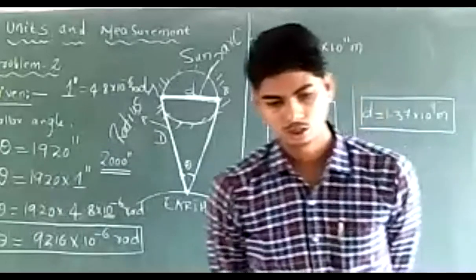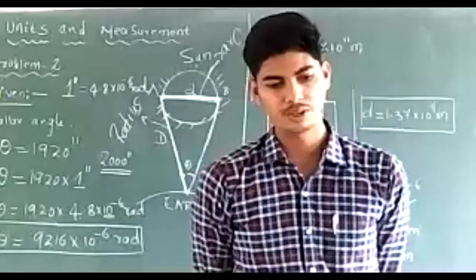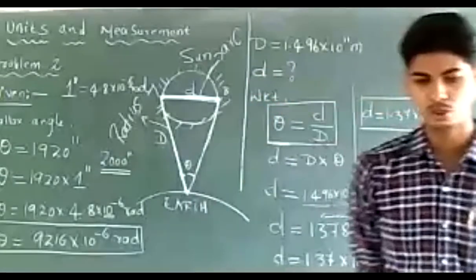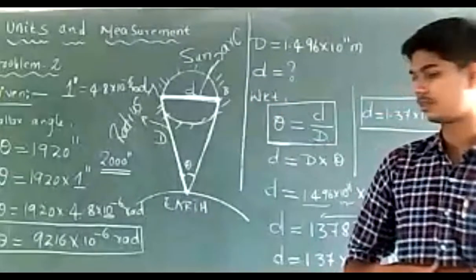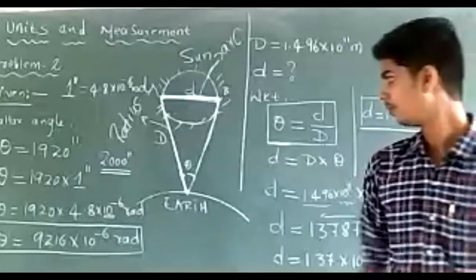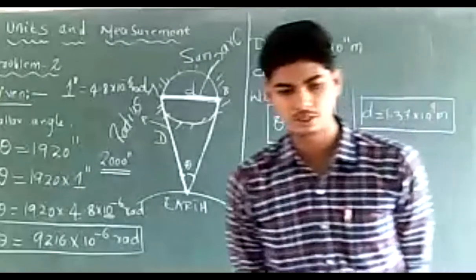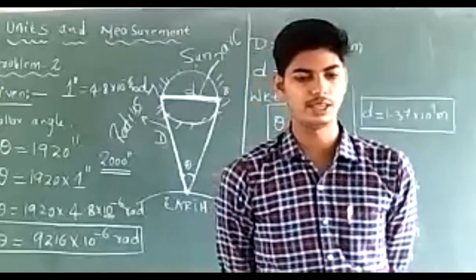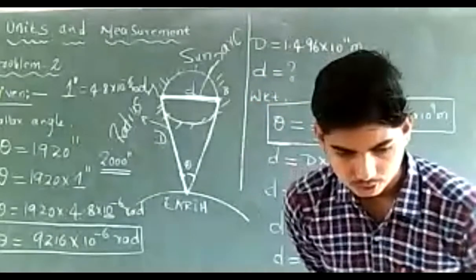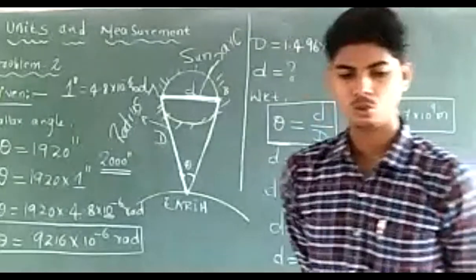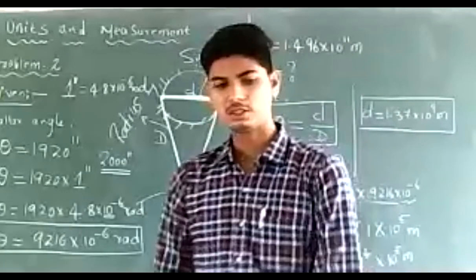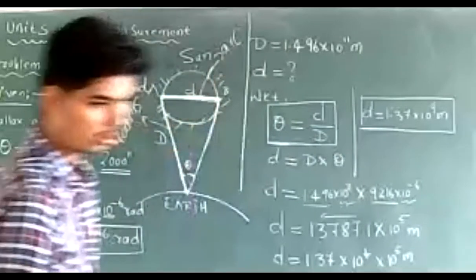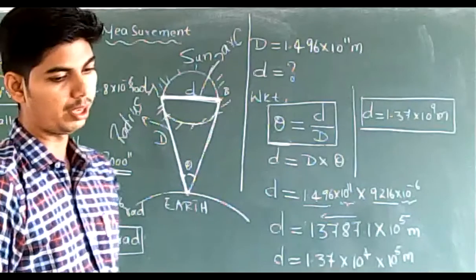Very good. 2000 seconds is equal to 9700 into 10 power minus 6 radians.